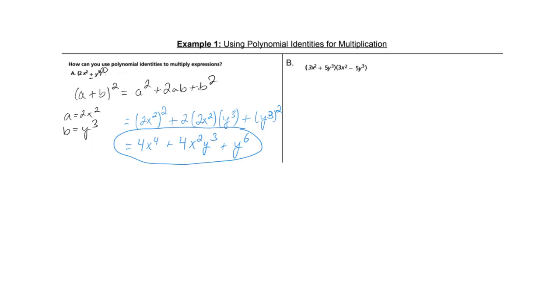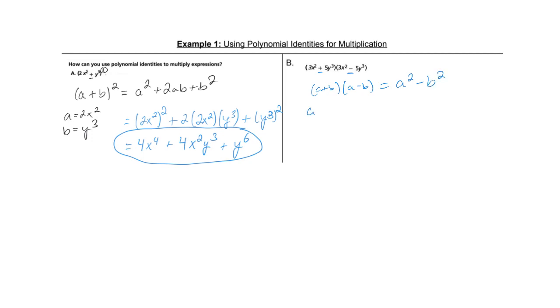Now our next one are two binomials being multiplied by each other. Our A and B are the same except their operations are different, right? So this is the sum and difference. Okay, sum and difference tells us a plus b times a minus b is equal to a squared minus b squared.